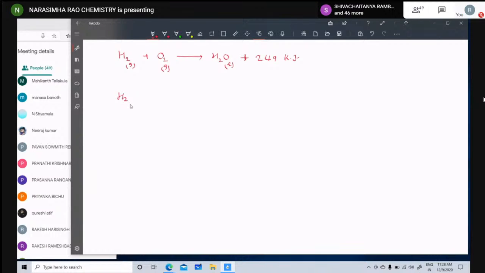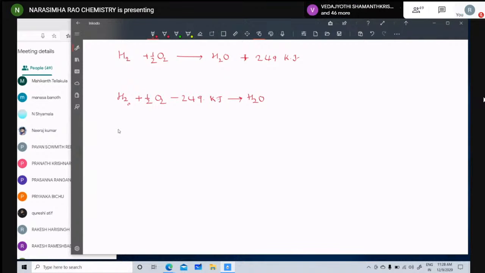Now, H2, no need to express these physical states. H2 combines with half a mole of O2 to form H2O. Now here we subtract the energy from the reactants, minus 249 kilojoules, giving rise to H2O. This is also an expression of the exothermic reaction.